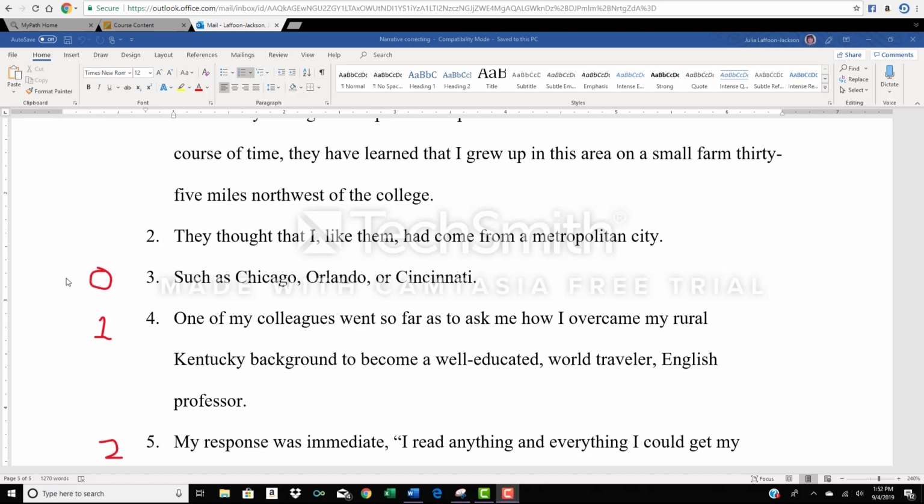Let's take a look at my fragment, such as Chicago, Orlando, or Cincinnati. I've named 3 cities, but I don't have a complete thought here. Looking up, I can see that I wrote city in my previous sentence, so I should be able to attach this fragment to that sentence.